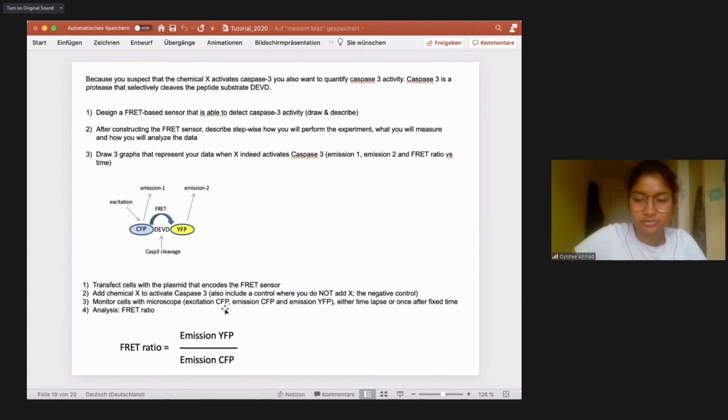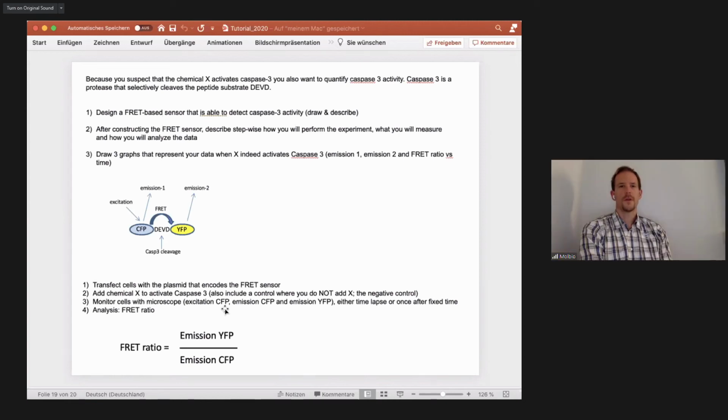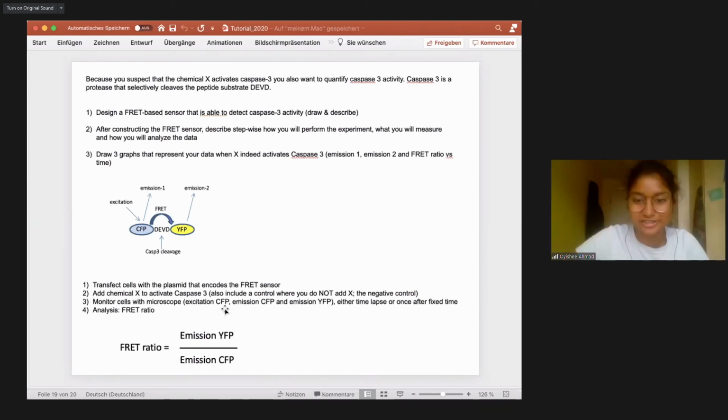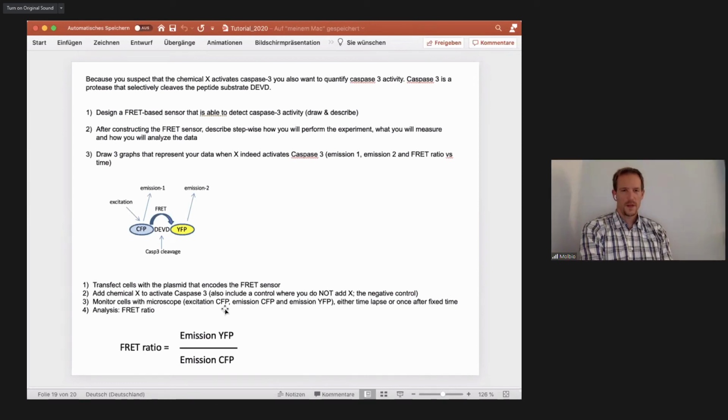Should CFP emission decrease over time? If it decreases, then that means that the caspase activity would be more.